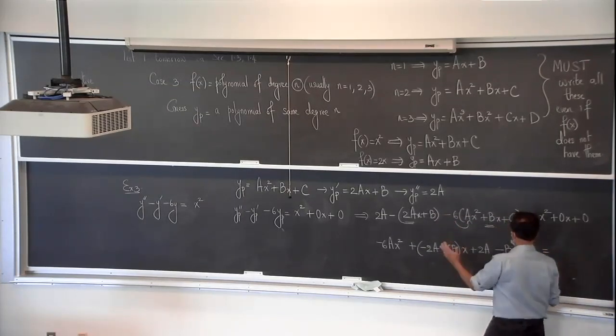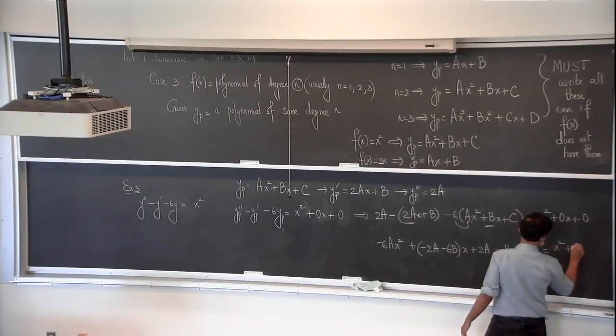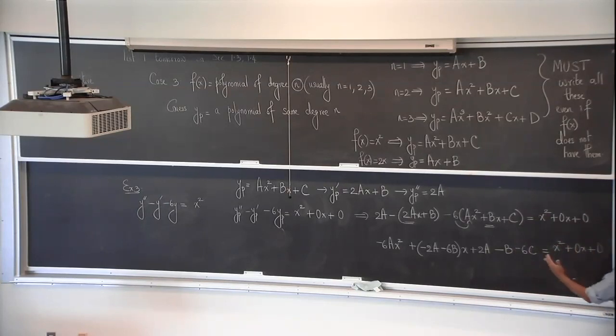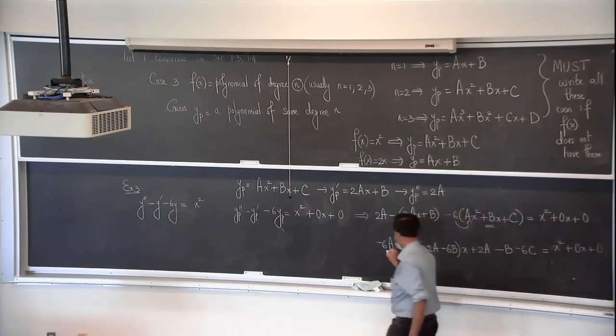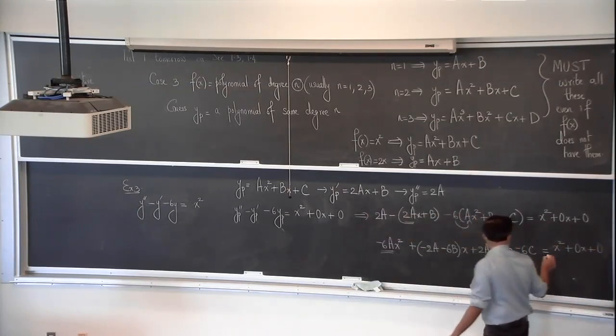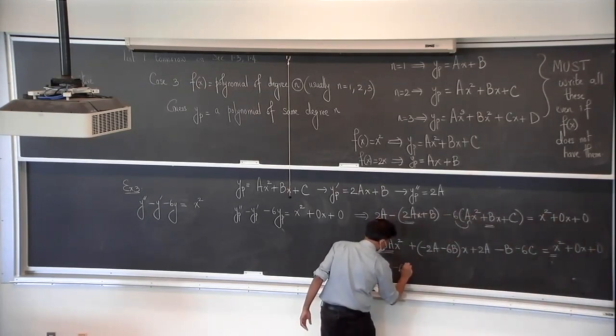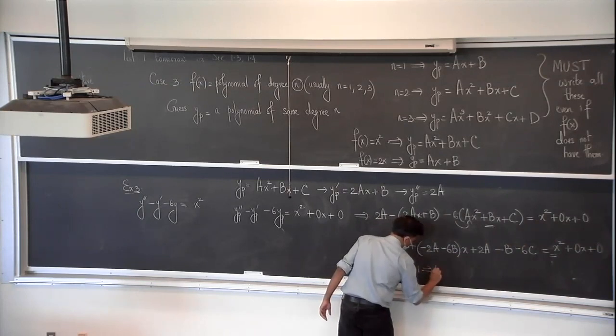And that's equal to x squared plus 0x plus 0. It goes without saying that you start with the easiest one and solve one after the other. So compare the coefficients of x squared, you get negative 6a equal to 1. So a is negative 1/6.